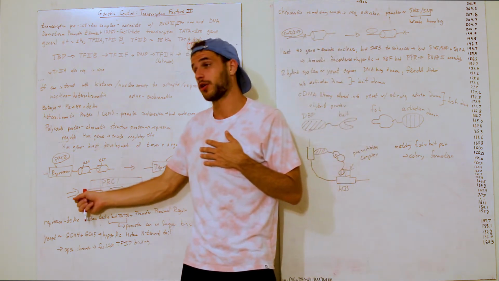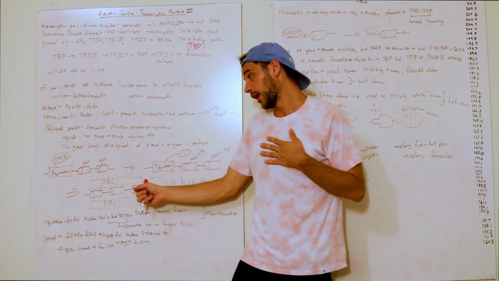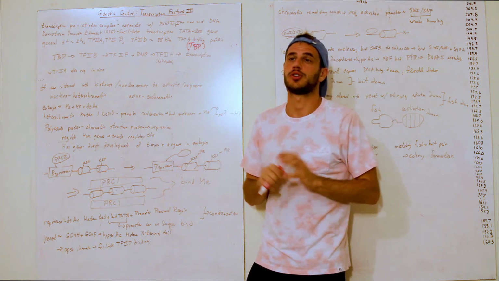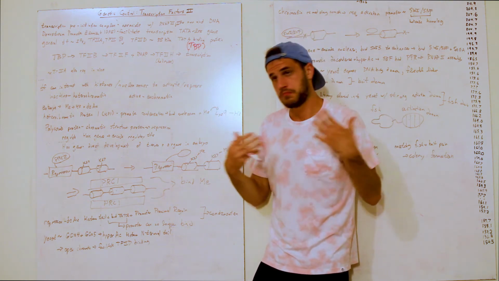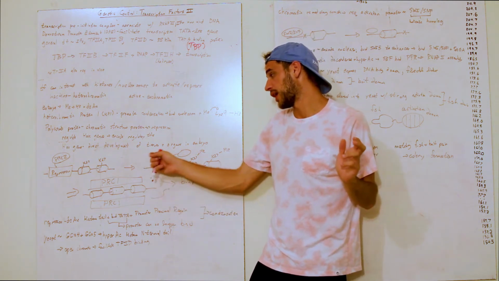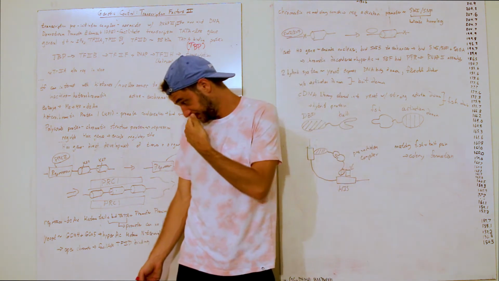Then you have Polycomb protein 1, PRC1, come in and bind to all of those histones and cause condensation of the domains, making them inaccessible. So what it particularly does is it binds the methyls that we just added with PRC2.